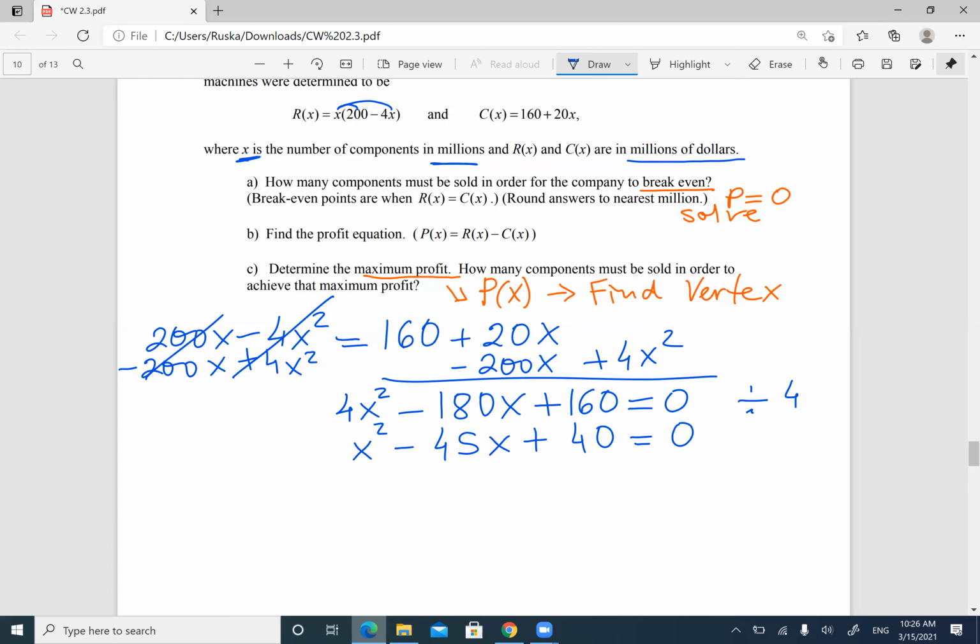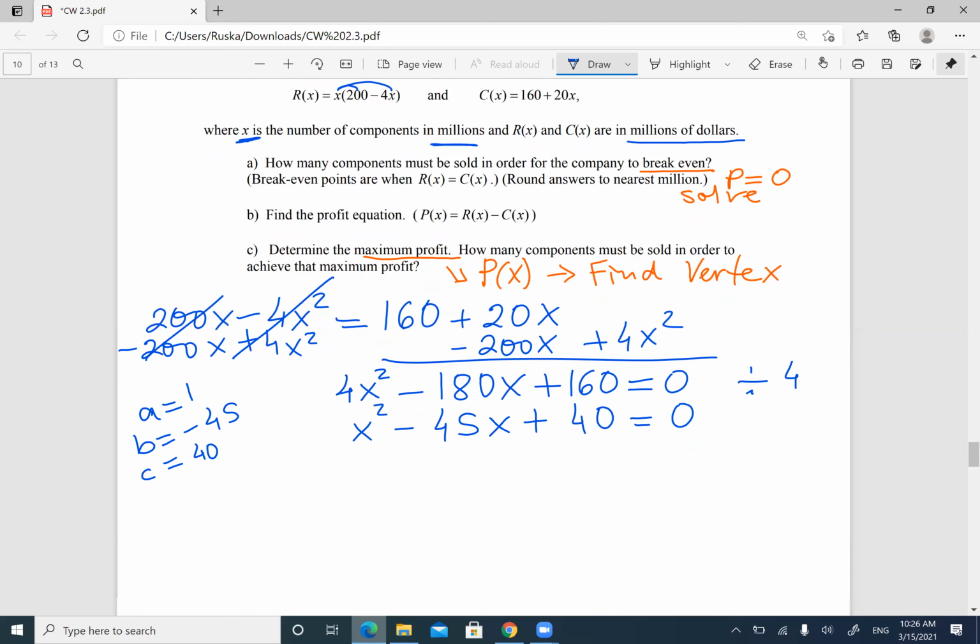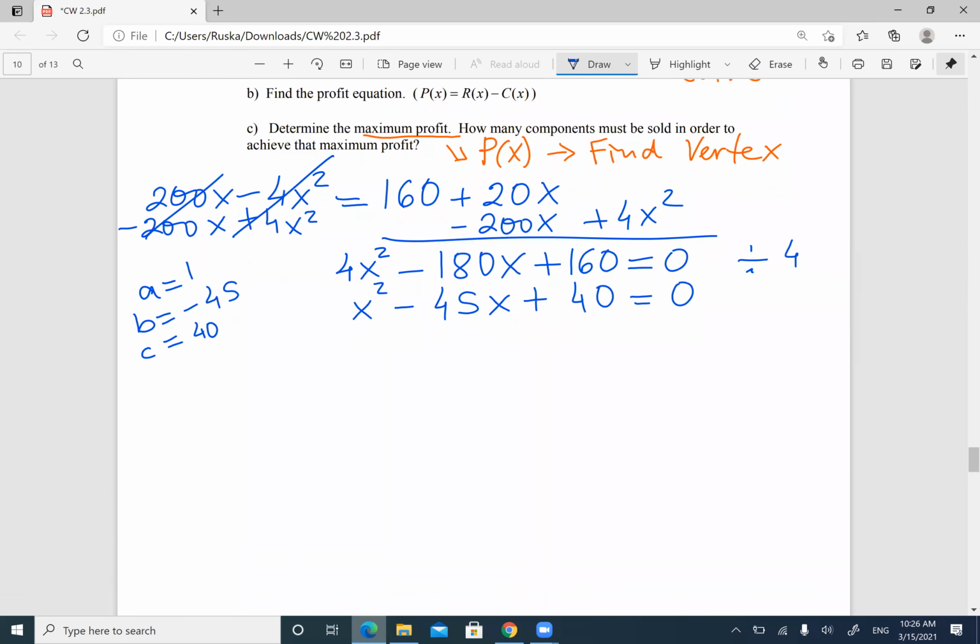Probably I'm going to use the formula here. I'm going to use the quadratic formula. So A is 1, B is negative 45, and C is 40. Even with the formula, it's going to help me if I have small numbers, right? So I'm going to use the formula. The formula is negative B plus or minus square root B squared minus 4AC, everything over 2A.